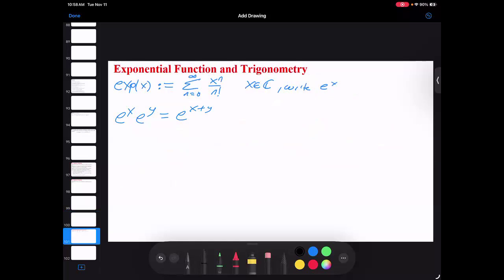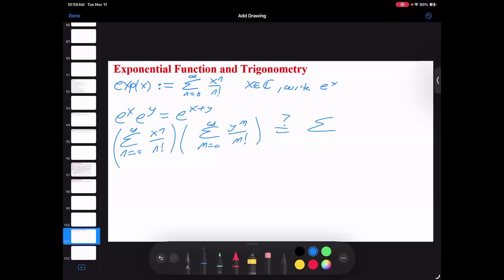So over here, when you said e to the x times e to the y is e to the x plus y, technically what you have is the sum, n goes from 0 to infinity of x to the n over n factorial, times the sum, m goes from 0 to infinity of y to the m over m factorial.